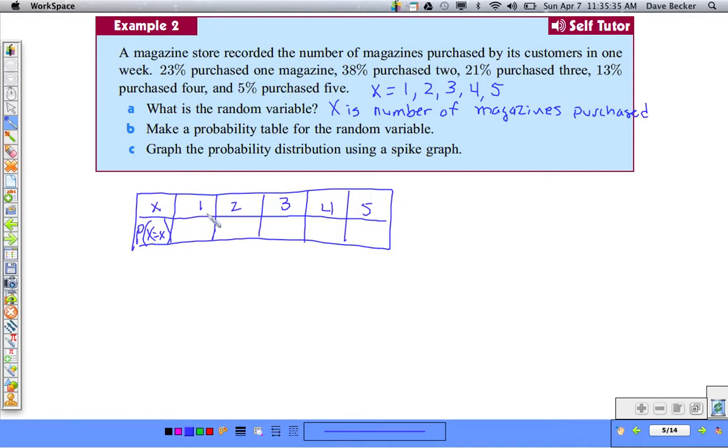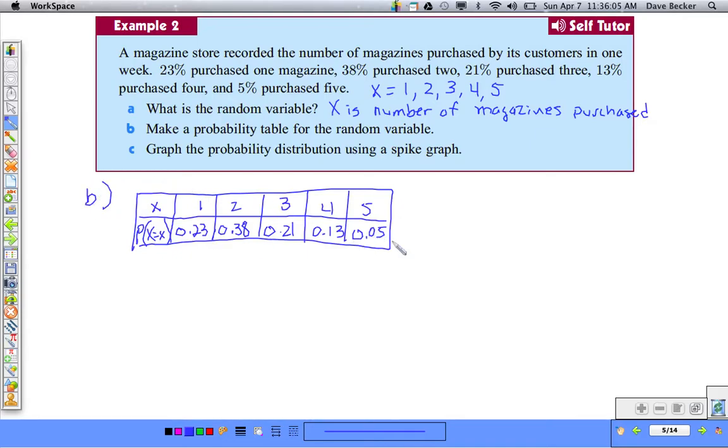When we want to talk about all of them, we'll use a little x, and for an individual one we'll use a capital X. The probability of a randomly selected customer during the week purchasing 1 magazine is easy. It's just 0.23. 2 magazines is 0.38. 3 magazines is 0.21. 4 magazines is 0.13. And 5 magazines is 0.05, matching up to the percentages.